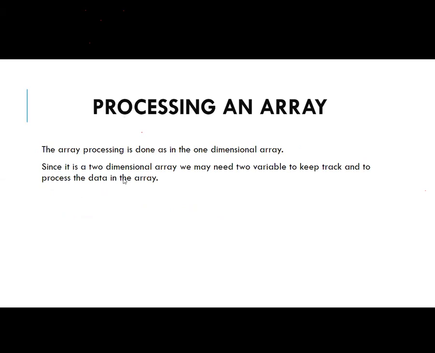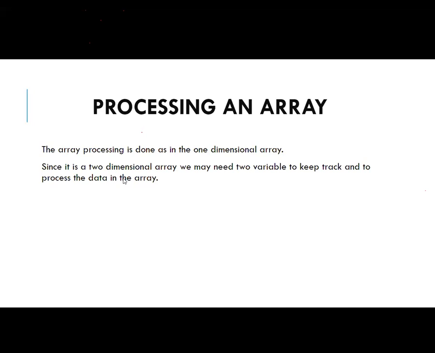Now, whenever you are processing a one-dimensional array, we have seen in the earlier slides that we need to keep track of one iterating variable. So in a one-dimensional array, it was very simple. But in a two-dimensional array, we may need to keep 2 variables.